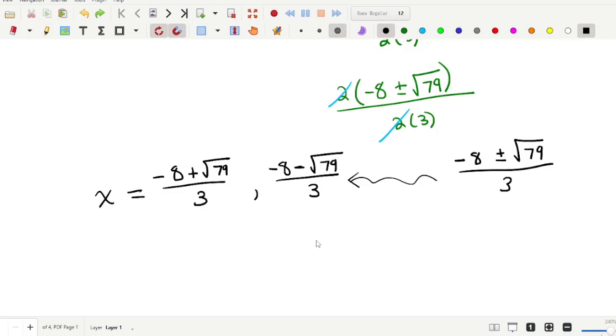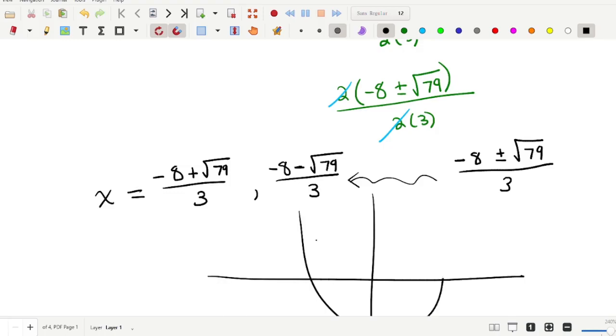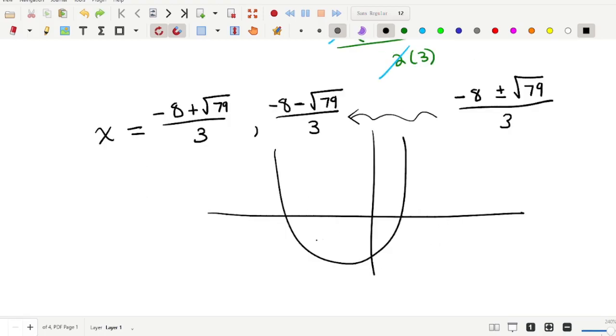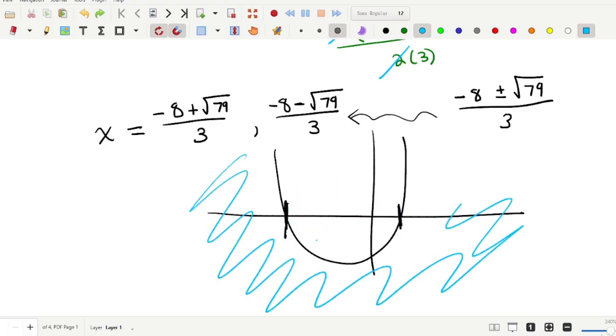Essentially what we have is some parabola, and it's crossing through the x-axis at these 2 points, because those are the x-intercepts. But I'm trying to figure out if my function is going to be in here or out here.